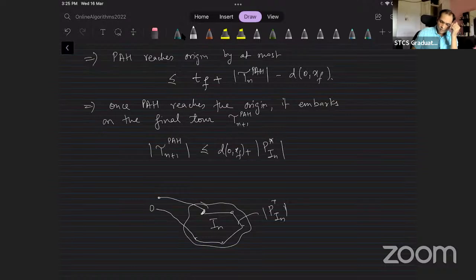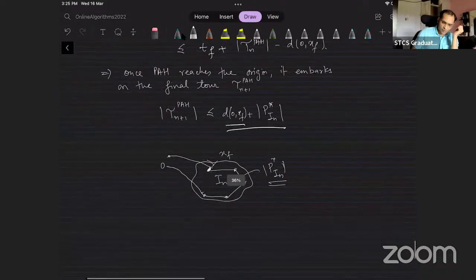The best possible path starting from XF, which touches all these nodes of IN and goes back to origin, has length at most PIN star. And to reach XF from origin, I just take extra D of 0, XF. So by triangle inequality, I should be able to start my last tour from the origin and come back to the origin in at most this distance.